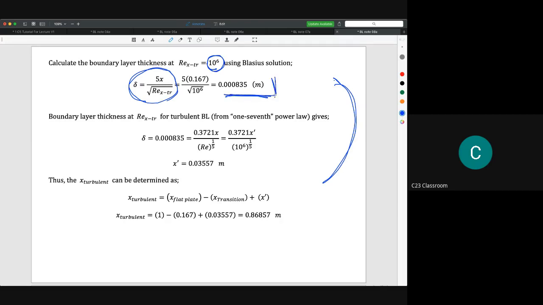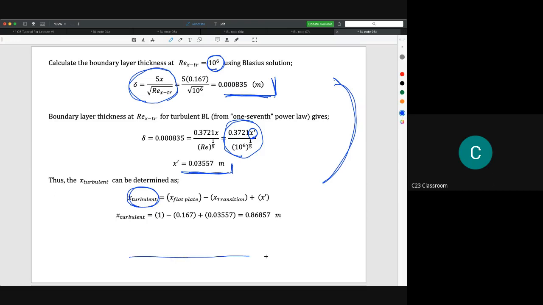Then we compare this boundary layer thickness with the delta of the turbulent boundary layer. This is the equation of the turbulent boundary layer. So we get the value of x prime here as 0.03557.